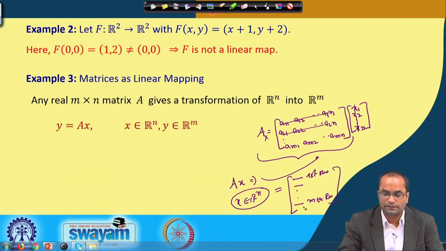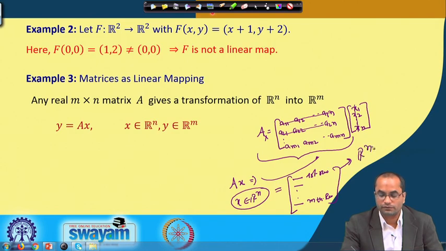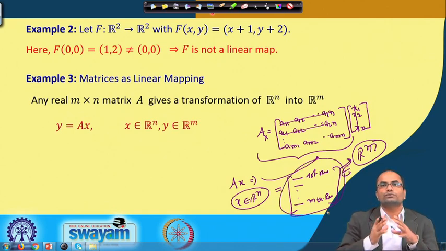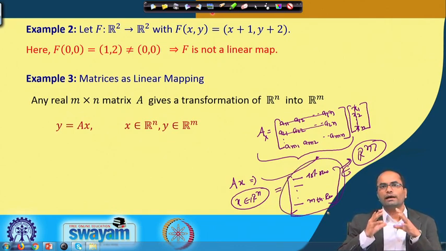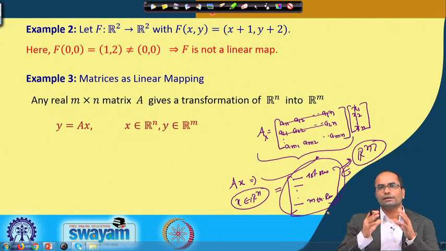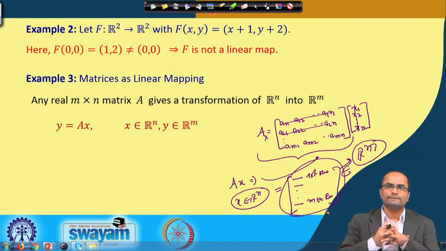As a product here we will get a vector from R m, because this will have m components. So, when we have a matrix of m cross n order, and we multiply a vector from R n, this A x will be a vector in the R m space.